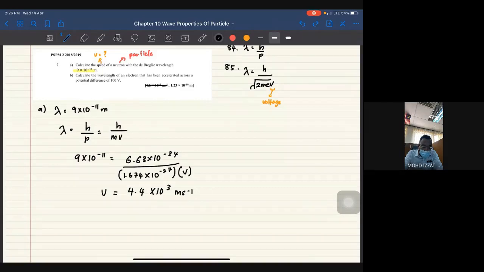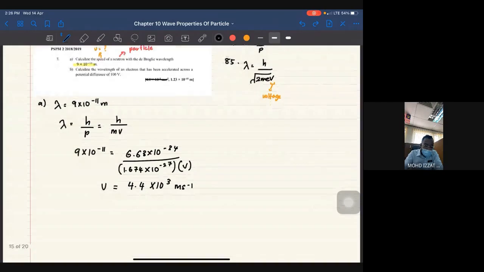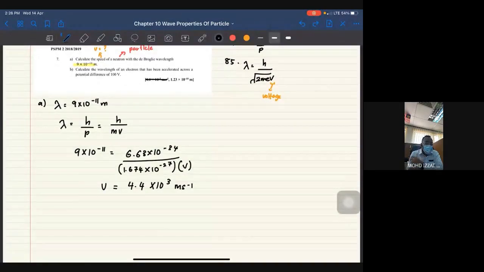Okay, question B. Calculate the wavelength of an electron that has been accelerated across a potential difference of 100 volt. So the question wants to find the wavelength of the electron across a potential difference of 100 volt.